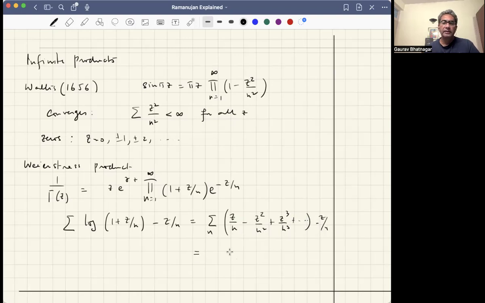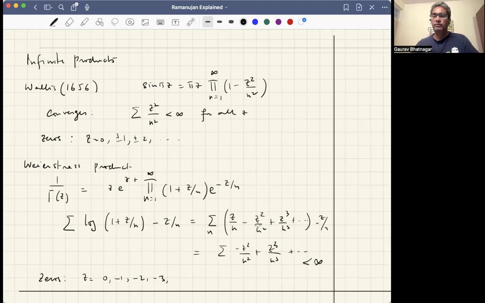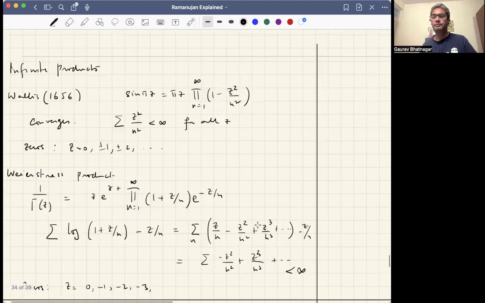So the first term cancels, and the rest we can show converges. We will give more details later, but notice that the zeros here are at z equal to 0, minus 1, minus 2, minus 3. So these are the zeros of 1 over gamma z.